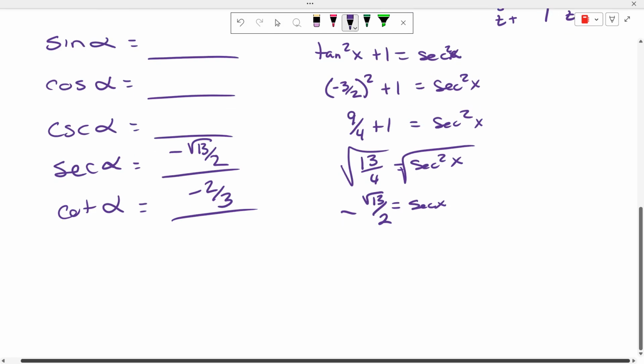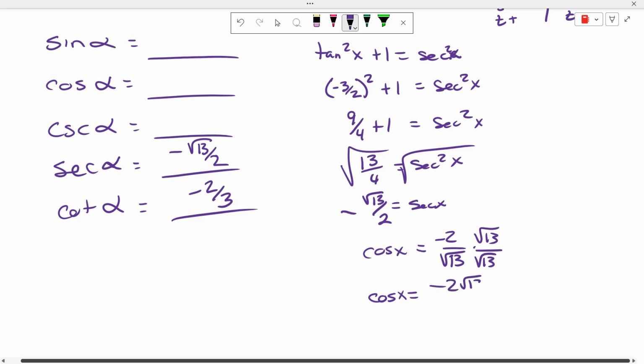What would you do with secant? Flip it. So the cosine of x equals negative 2 over square root of 13. Can't leave square root of 13 on the bottom. So it's negative 2 square root of 13 over 13.